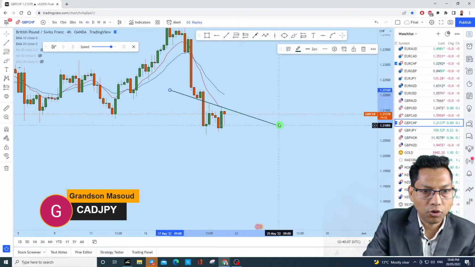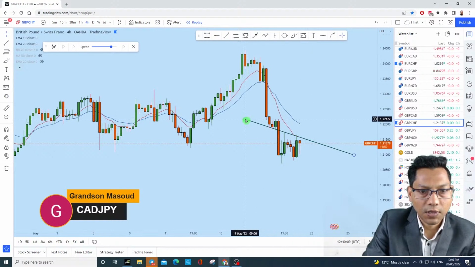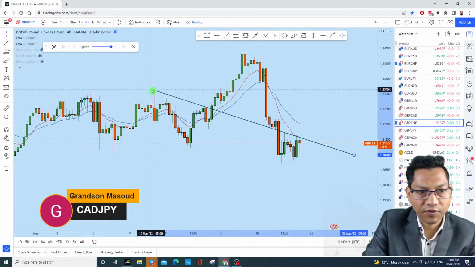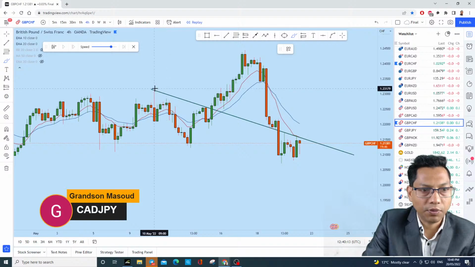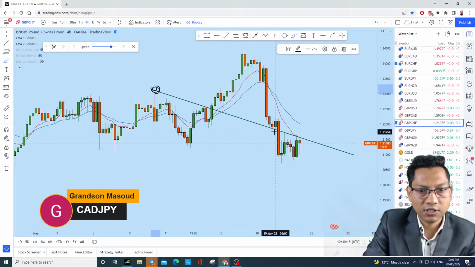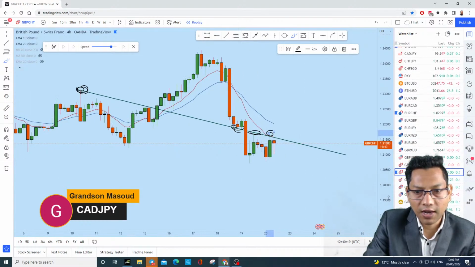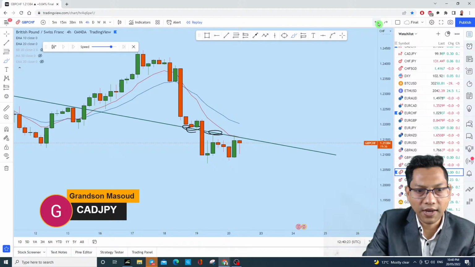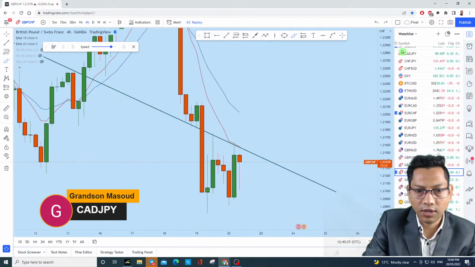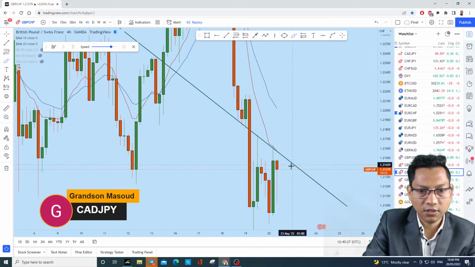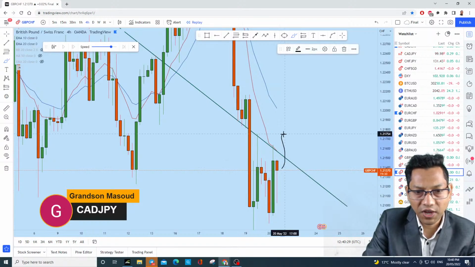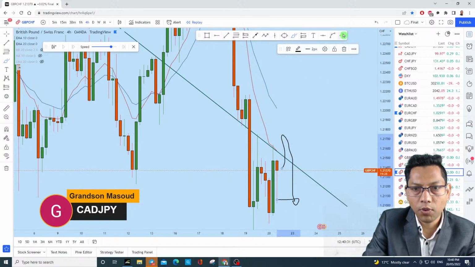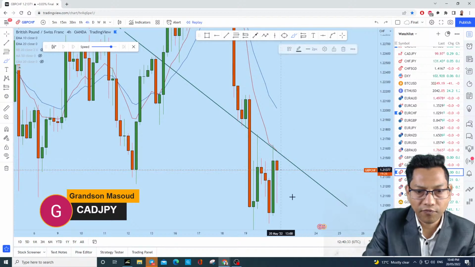You see there is a resistance here. Let me draw it. This is the 4 hour time frame, with this previous support now created as resistance, and currently it is creating a hanging man. So on the next candle we might see a fake out, and then a drop, or even a drop from here.